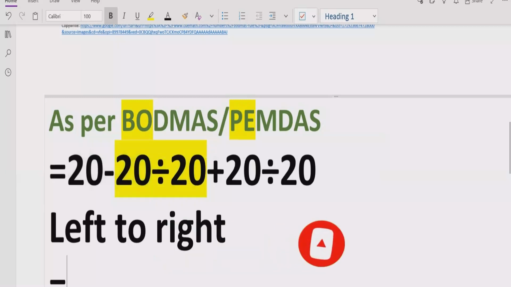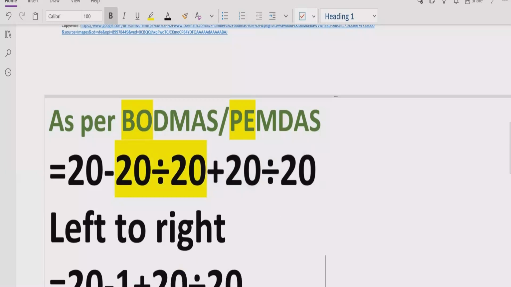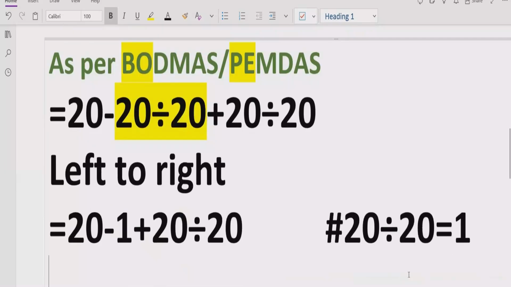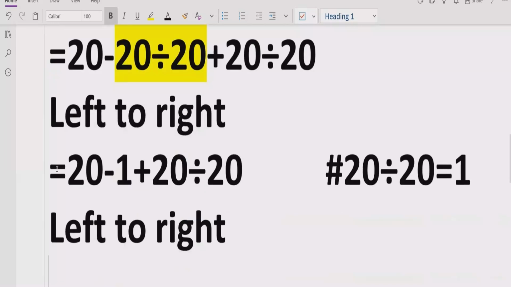So we will write 20 minus, and 20 divided by 20 equals 1. And this part I am writing as it is currently. And here we will give the reference: 20 divided by 20 is 1. Now again we have to go left to right and check division and multiplication. We cannot solve this part first because the division comes first.